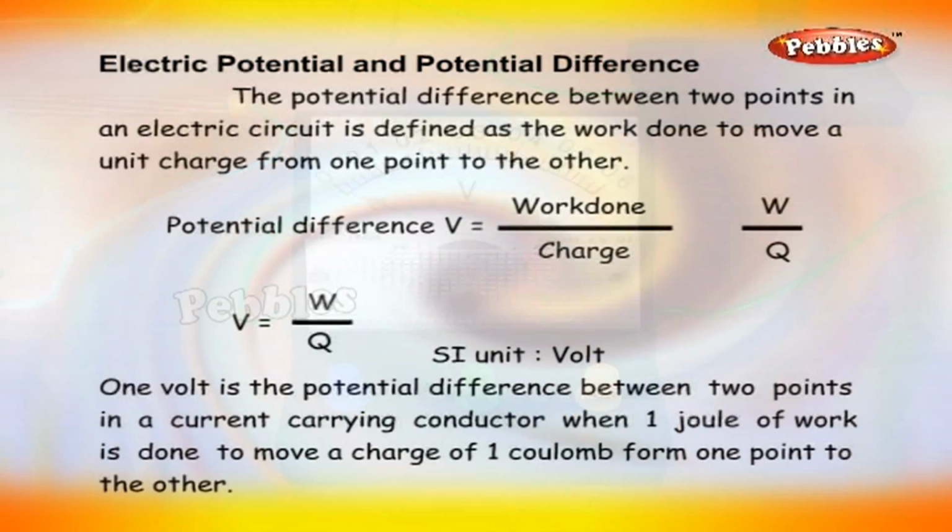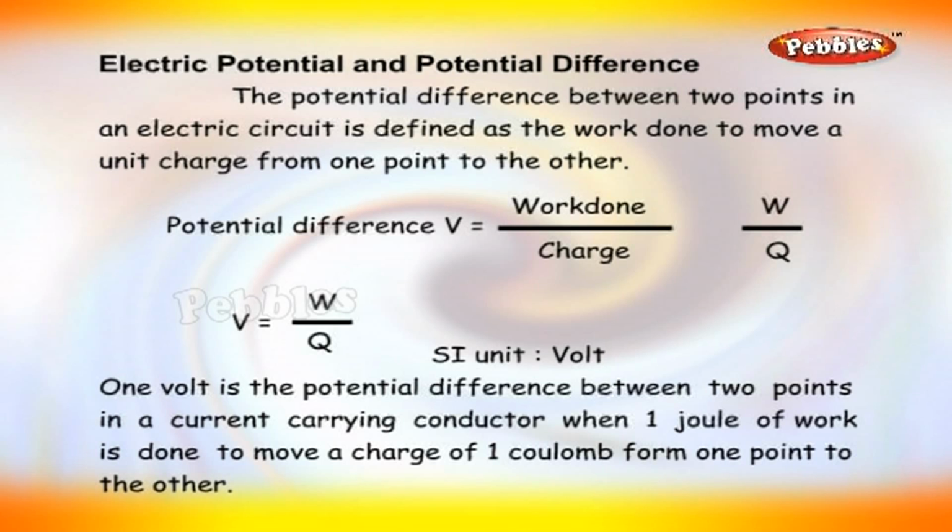The potential difference between 2 points in an electric circuit is defined as the work done to move a unit charge from one point to the other. Potential difference V is equal to work done W divided by charge Q. V = W/Q.